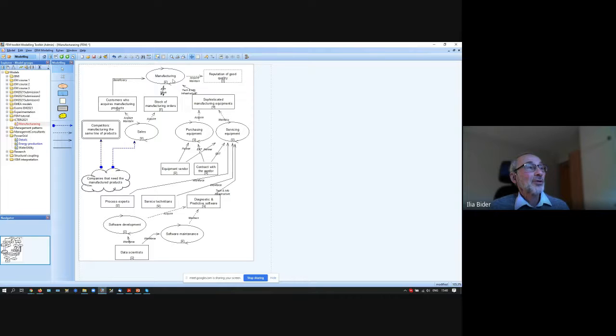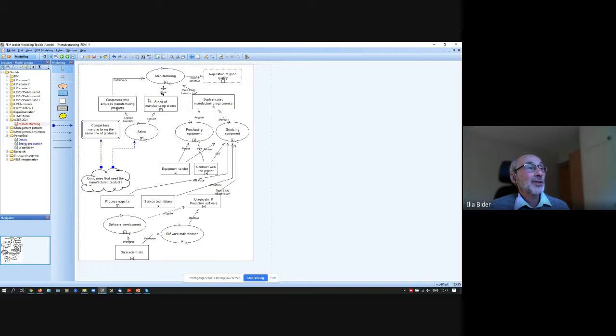For example, for manufacturing, that is the top process, we need workers, they are not here. We need customers that place orders. And we need some sophisticated manufacturing equipment. So it's three assets. There can be much more, but we are interested right now in these three assets. And they play a role, and customer is a beneficiary of this process, gets some value.